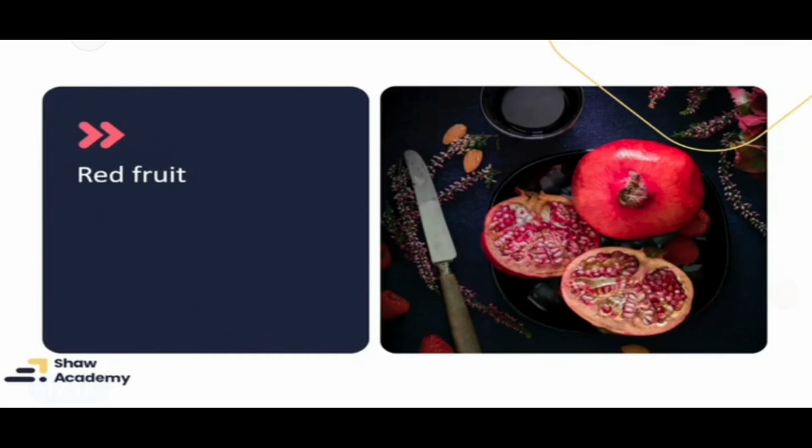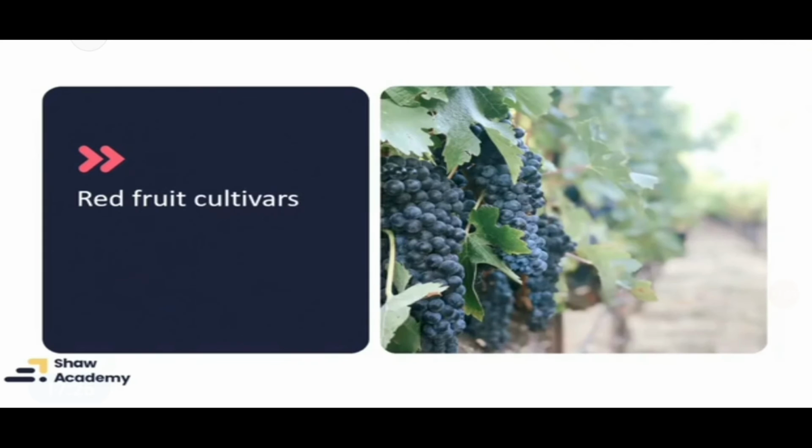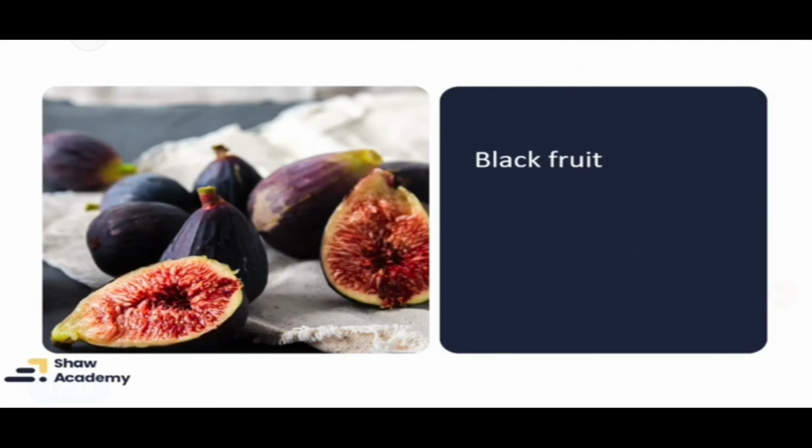Some examples of red fruit characteristics that can be found in red wines are cherry, strawberry, red currants, cranberry, and pomegranate. Cultivars that display characteristics of red fruit are your cultivars like Pinot Noir, Grenache Noir, and Merlot. These wines normally fall in the light to medium body style categories.